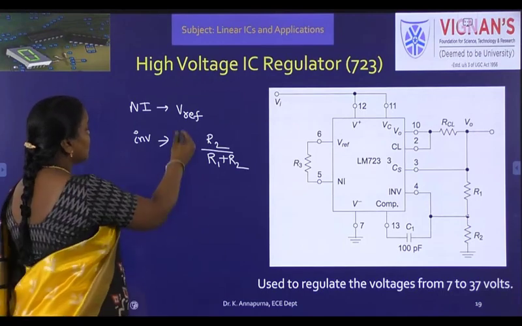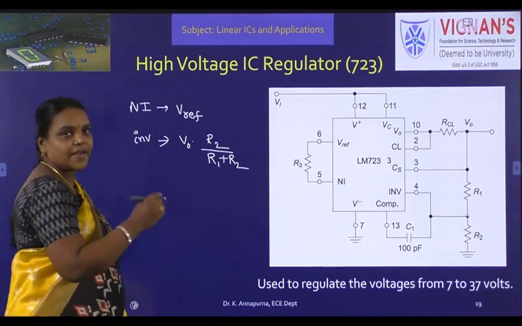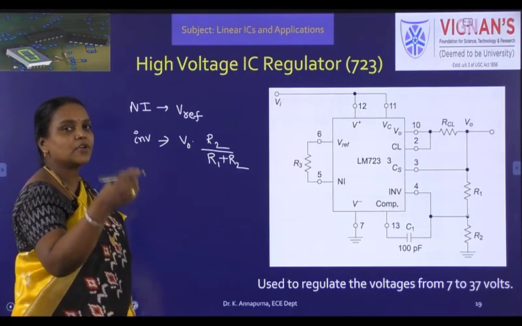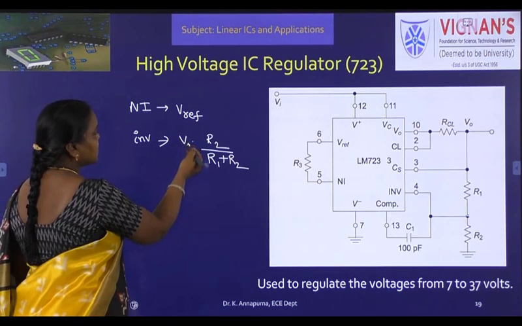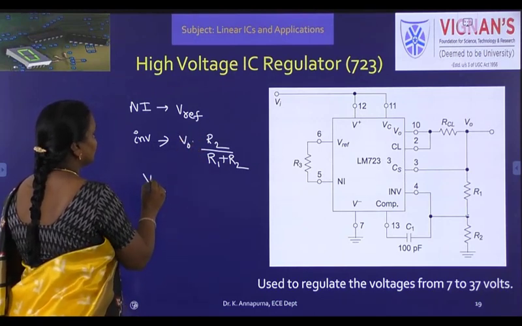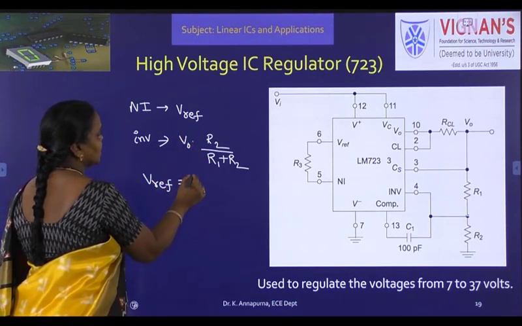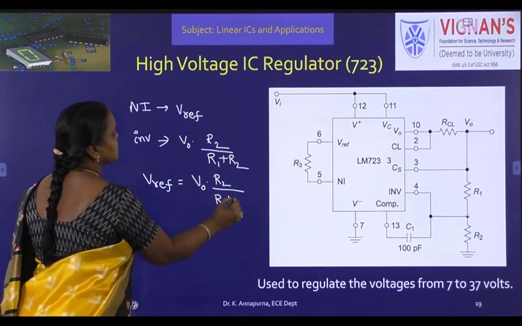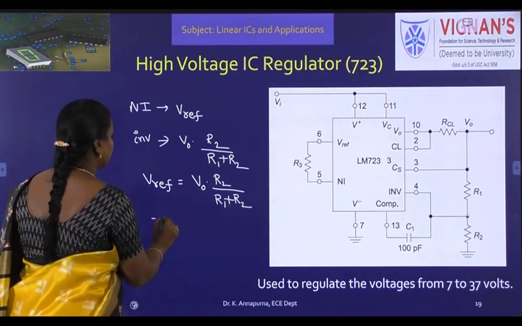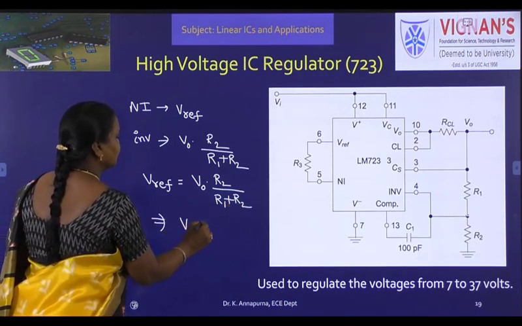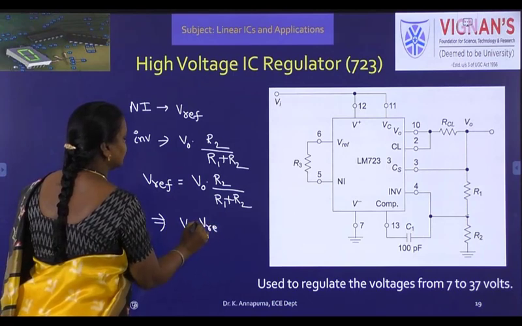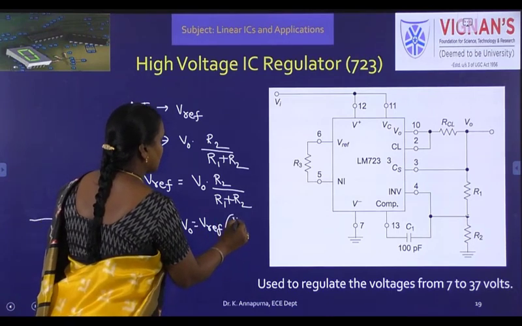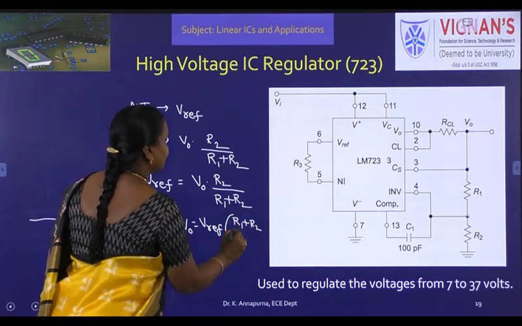So now if you equate these two, because the error amplifier function is that it activates the series pass transistor such that its error becomes 0. So the error becomes 0 when these two are the same. So V reference is equal to V0 into R2 by R1 plus R2. This implies V0 is equal to V reference into R1 plus R2 by R2.